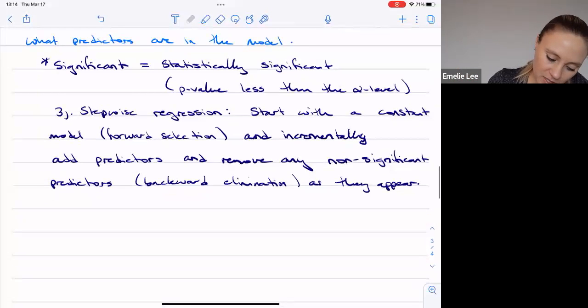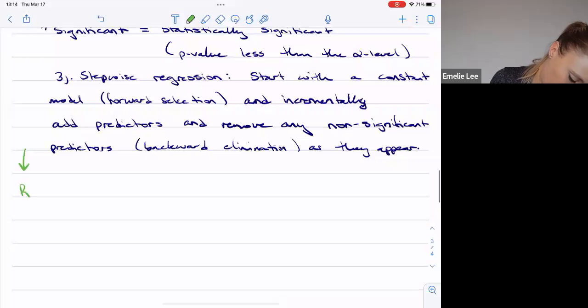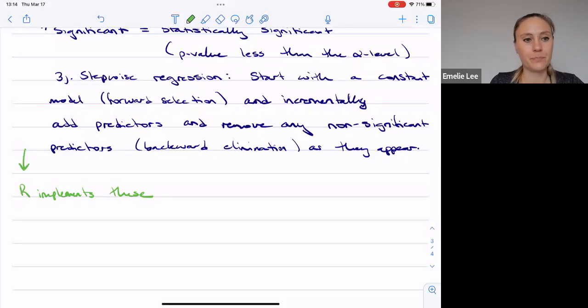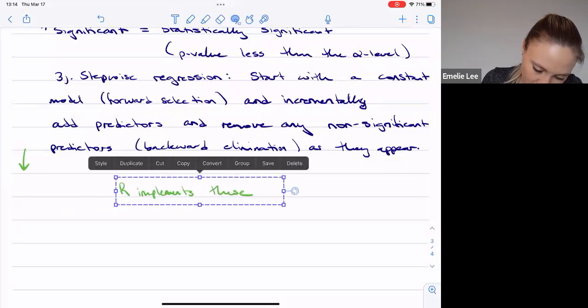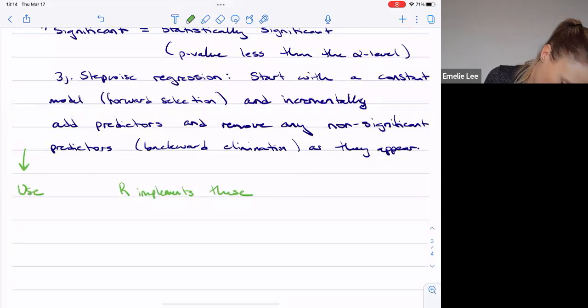Of course, R implements these. Maybe I should change this to say use R to implement these.